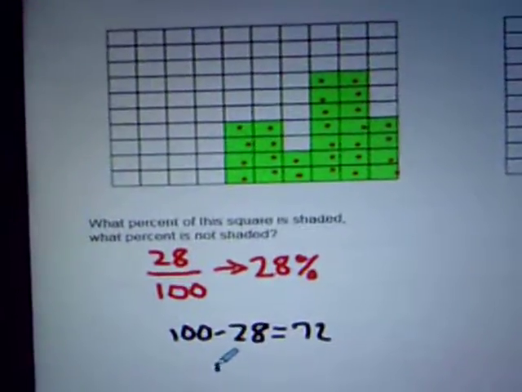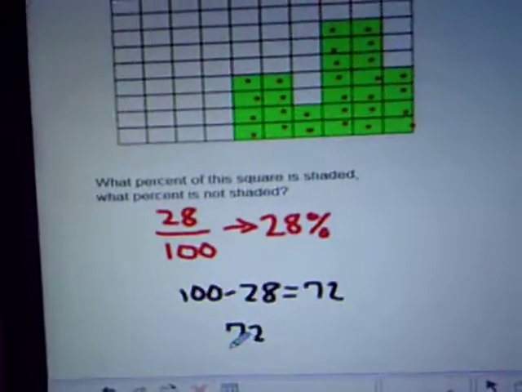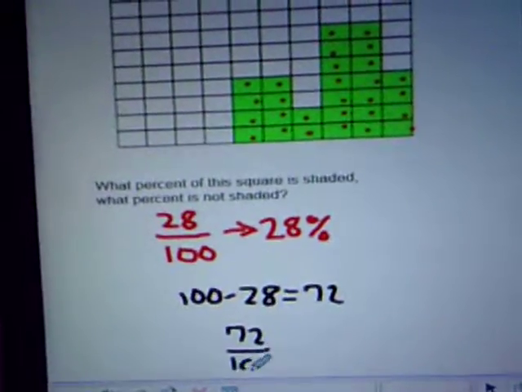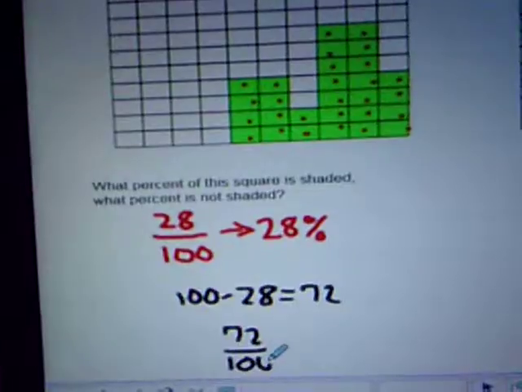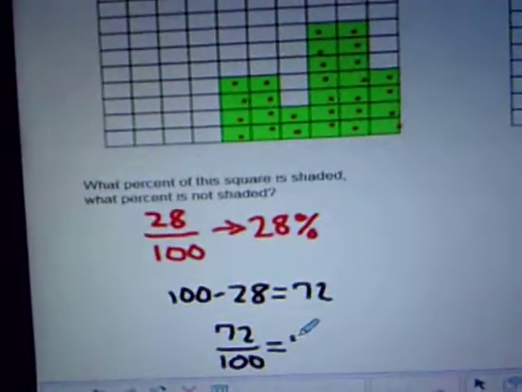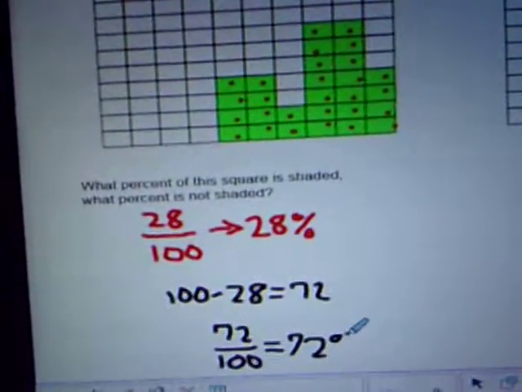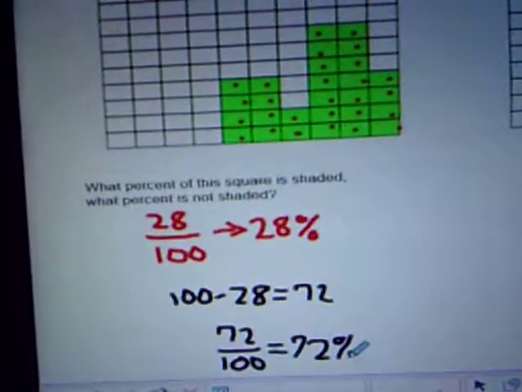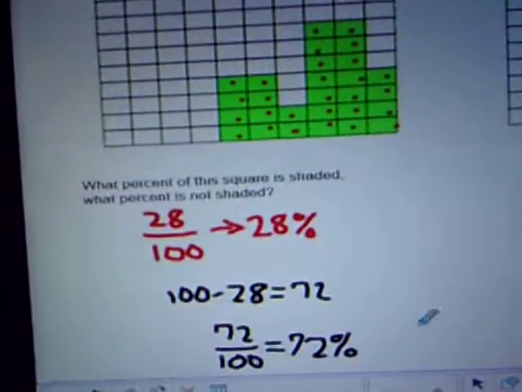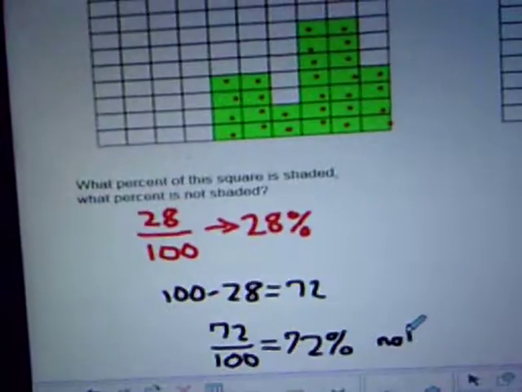Okay? So this means that 72 out of 100 squares, which is equal to 72%, is not shaded in. Okay? So 72% not shaded.